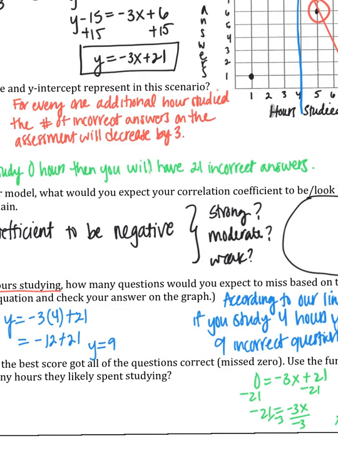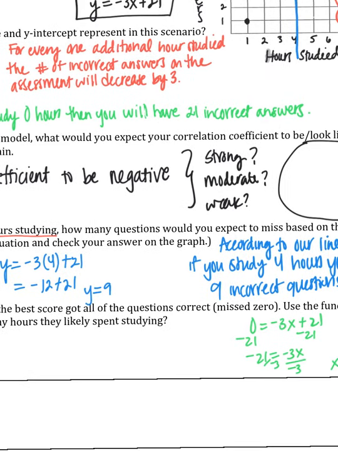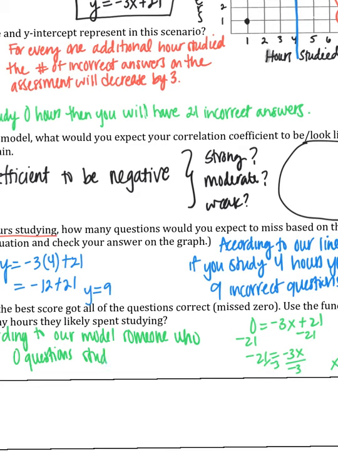So according to our model, someone who missed 0 questions studied for 7 hours.